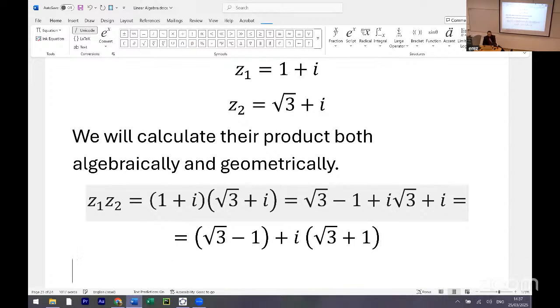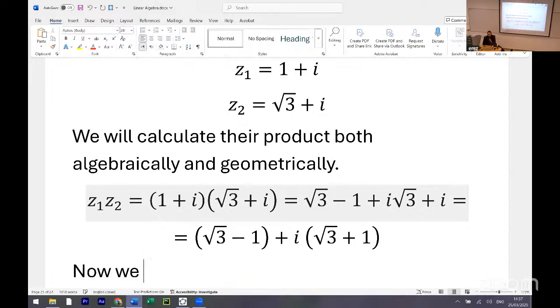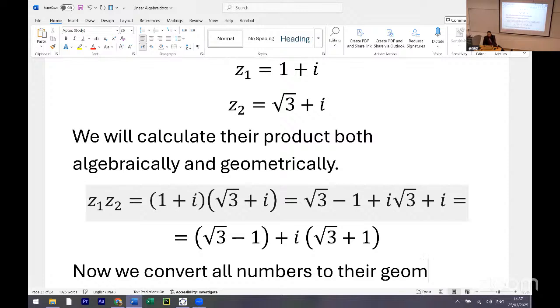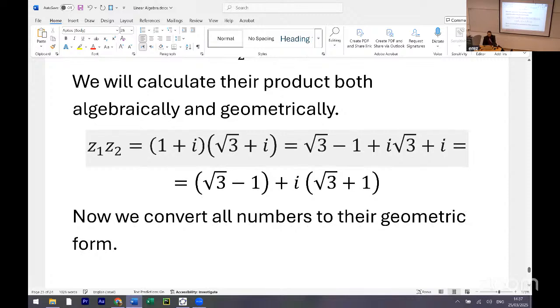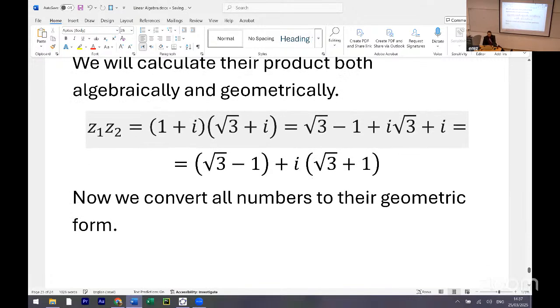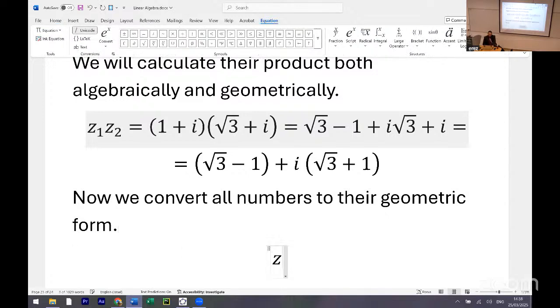Now we convert all numbers to their geometric form. This is not even my final form. Okay. So Z1 we already did, it was square root of 2 cis of pi over 4.